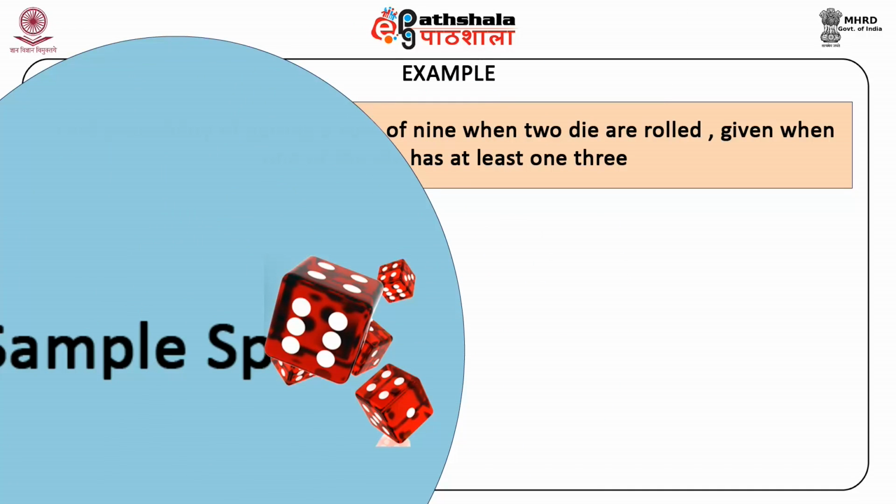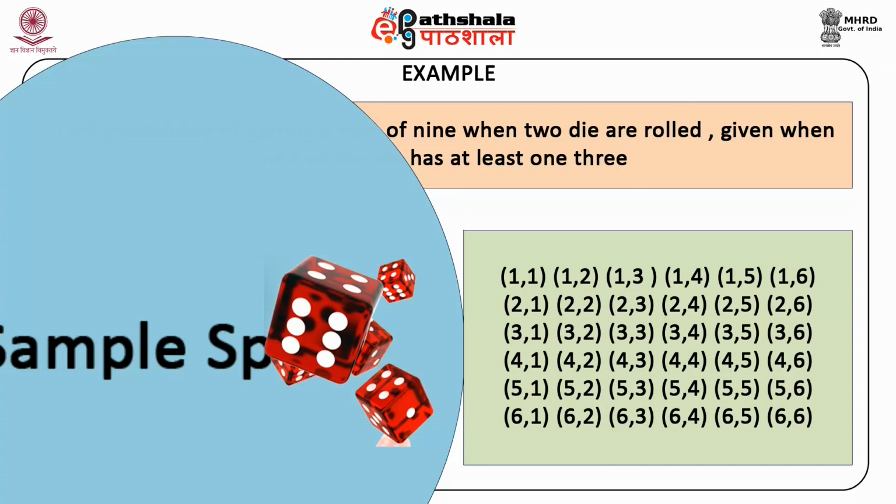The total sample space consists of 36 possible outcomes by rolling two dice, which are 1 1, 1 2, 1 3, 1 4, 1 5, 1 6, and similarly for 2, 2 1, 2 2, 2 3, 2 4, 2 5, 2 6, and for 3, 4, and 5 in a similar fashion, and finally for 6 as 6 1, 6 2, 6 3, 6 4, 6 5, and 6 6.